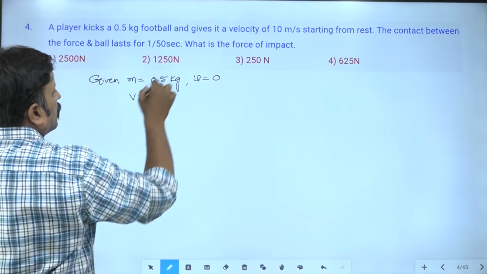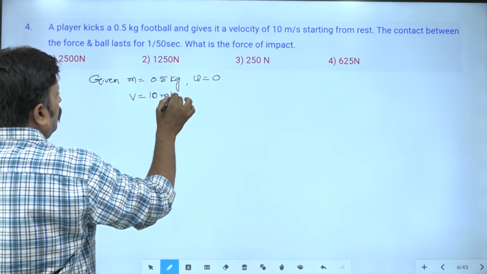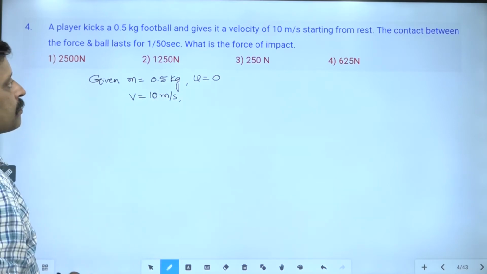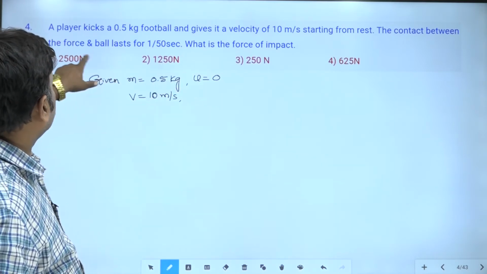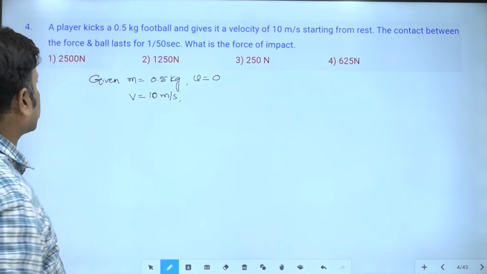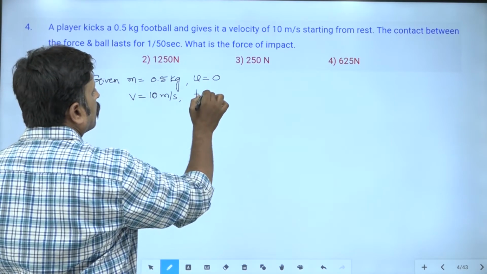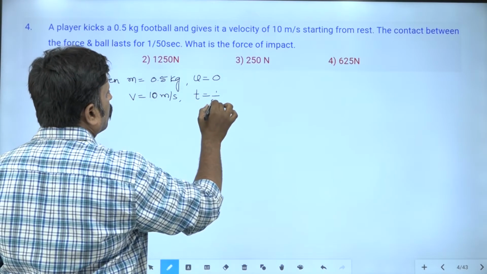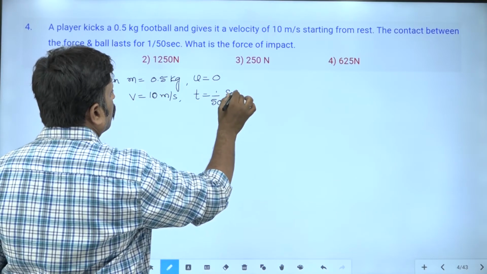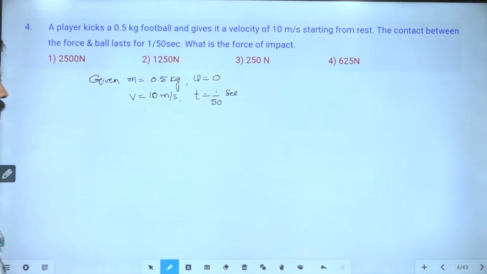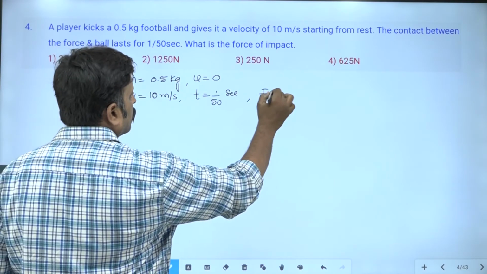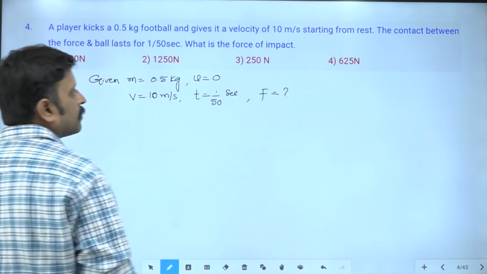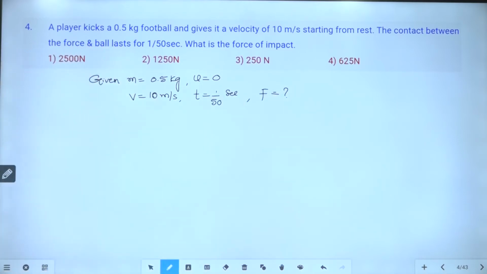What is the final velocity given? 10 meter per second. The contact lasts for 1 by 50 of a second. Okay. The force of impact you are asked to calculate.